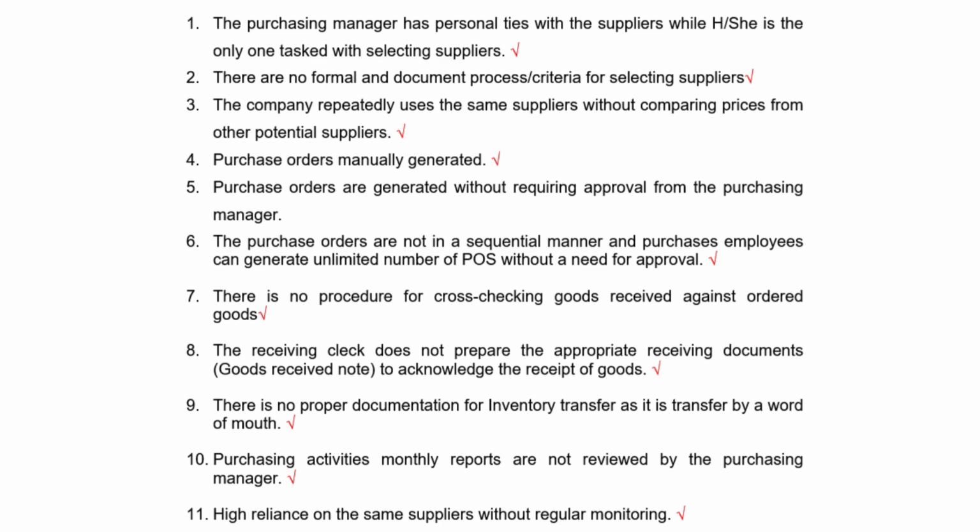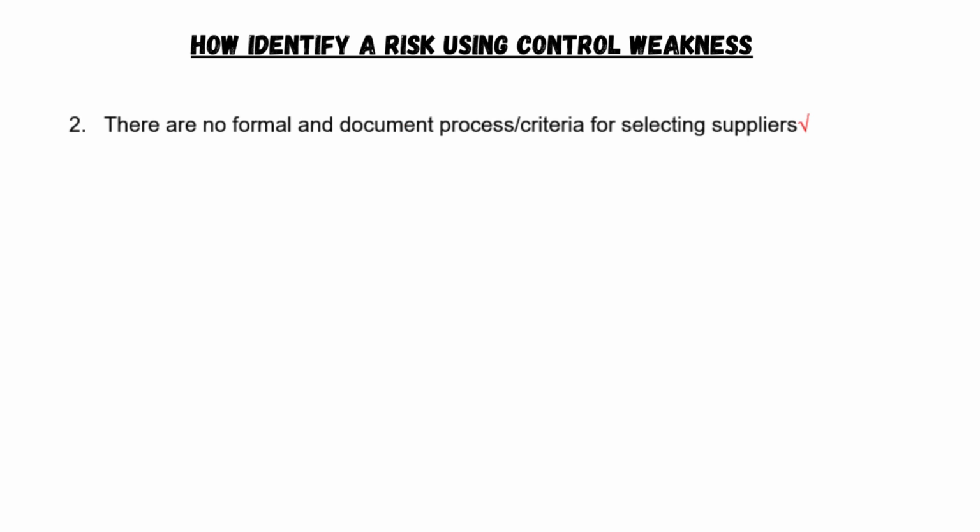Now, if we take some of these weaknesses, for example, we said there is no formal and documented process or criteria for selecting suppliers. If the organization does not have a formal process to select suppliers, what could go wrong as an organization and what will be the consequences of that?